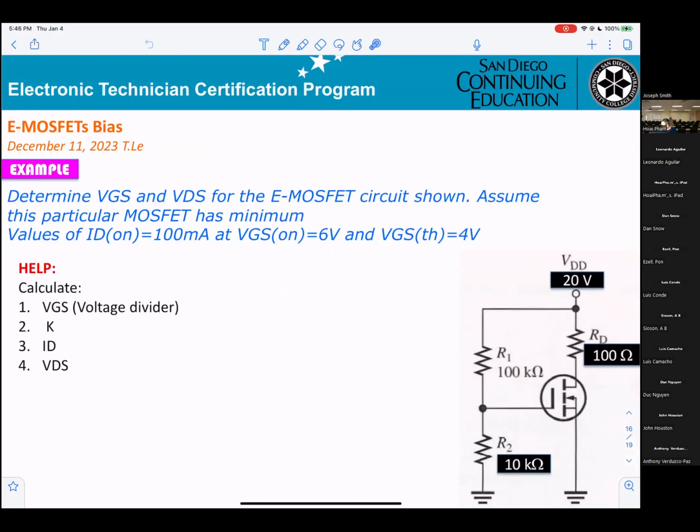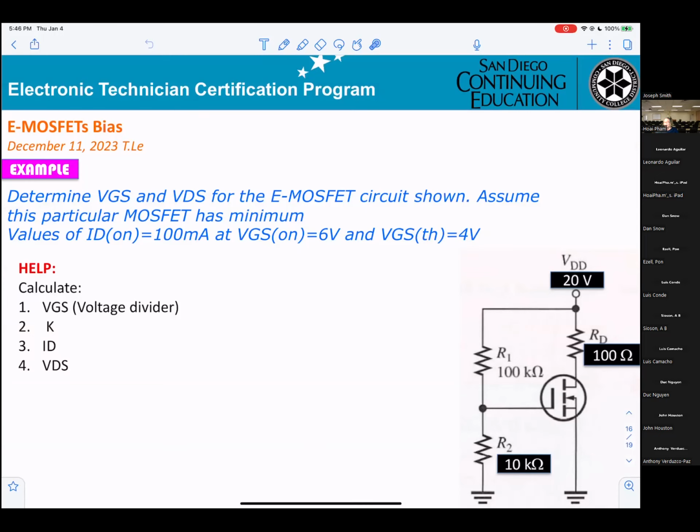Now this is just an example. They give you this circuitry. You look at it and know that it is an E-MOSFET. They want to know VGS and VDS for the E-MOSFET circuit. So assume this particular MOSFET has a minimum value ID(on) at VGS(on) and VGS(th) equal to 4 volts.